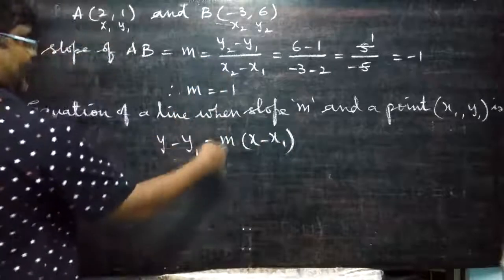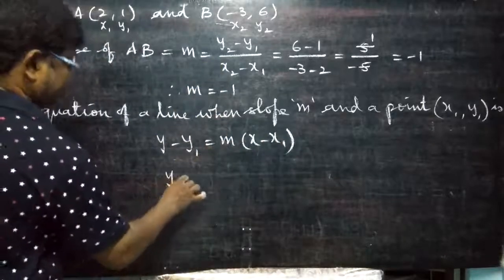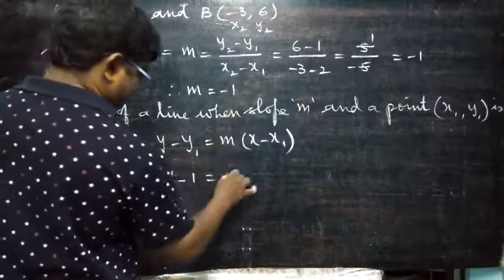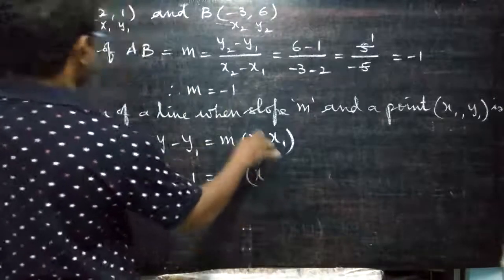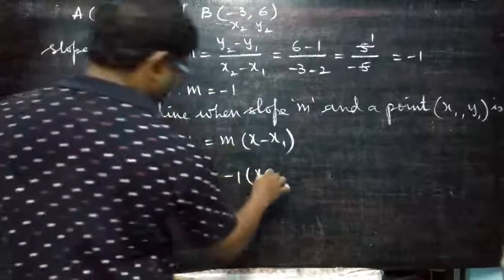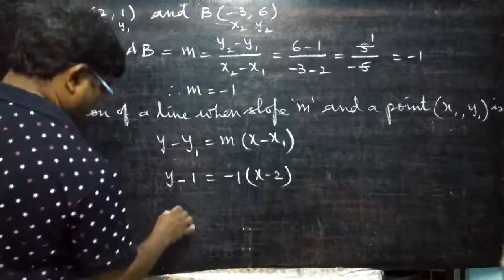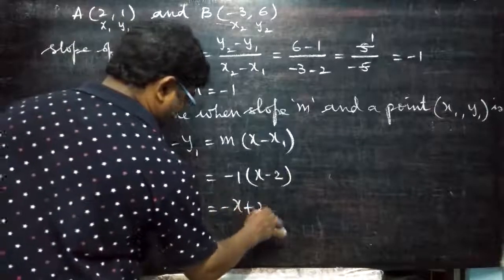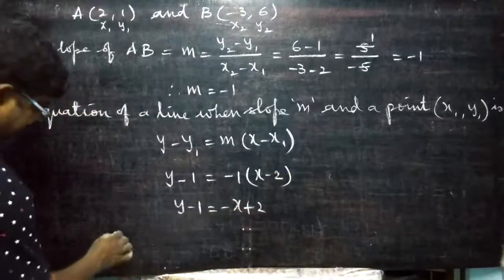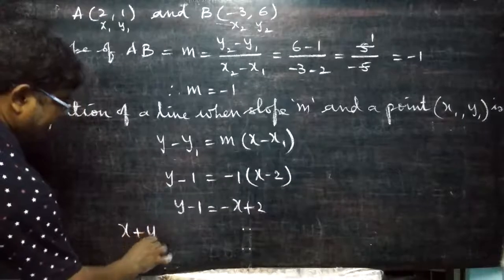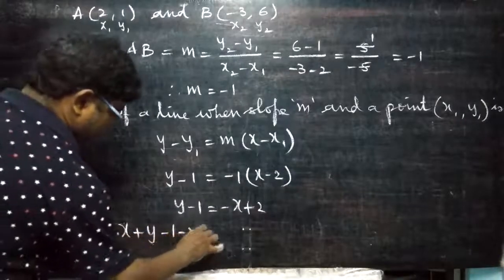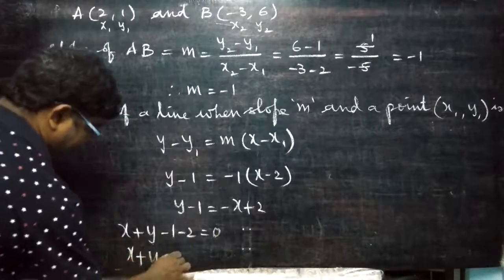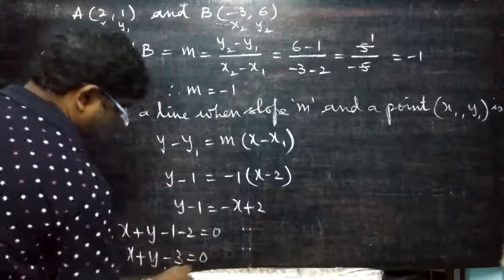So y minus 1 is equal to minus 1 into (x minus 2). Now y minus 1 is equal to minus x plus 2. Bring to the left side: x plus y minus 1 minus 2 is equal to 0, so x plus y minus 3 is equal to 0.